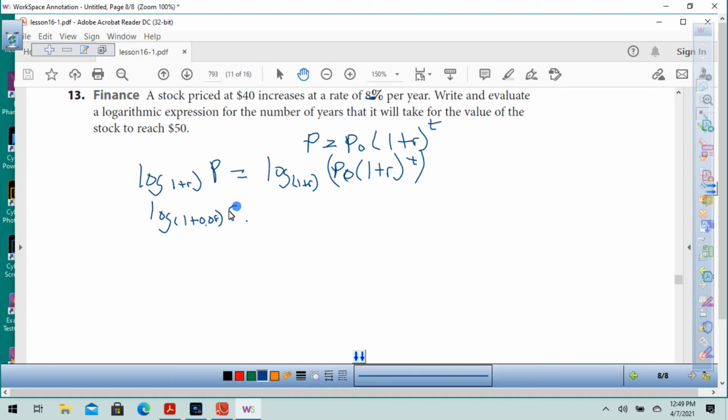So we'll put $50 in there, equals log, and then 1 plus, I'm going to just put 1.08, I did the math there, and that's going to be P sub 0, which is $40. And then we're going to have 1 plus 0.08 T.